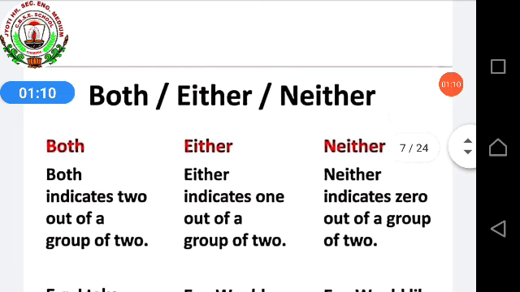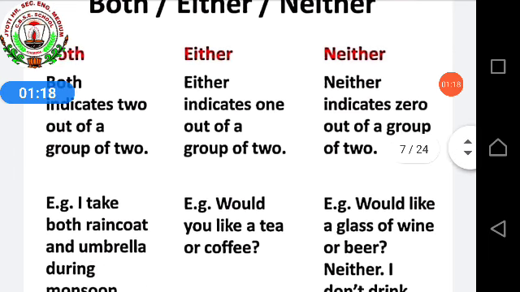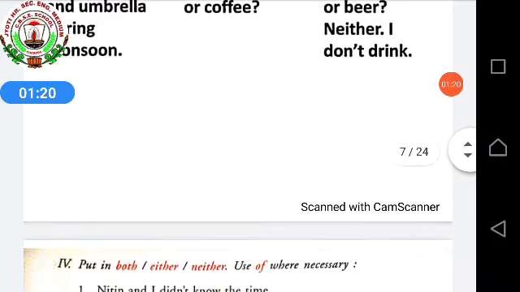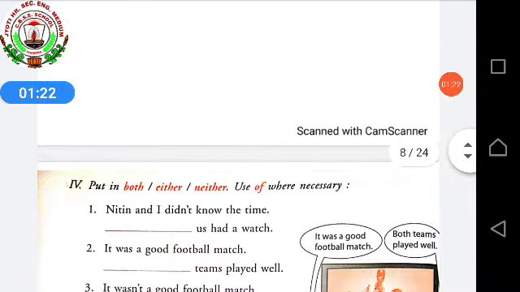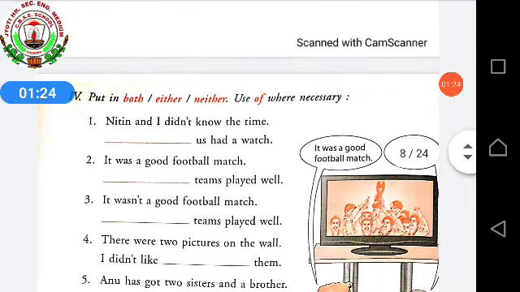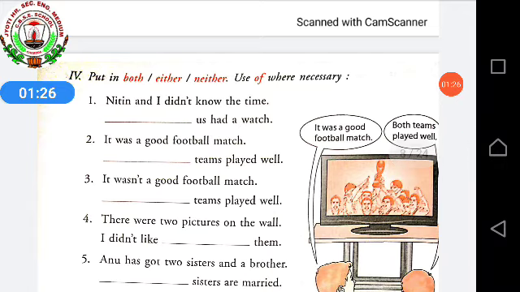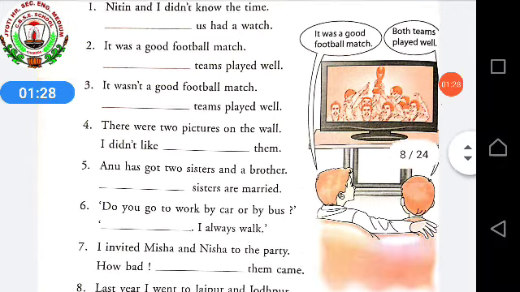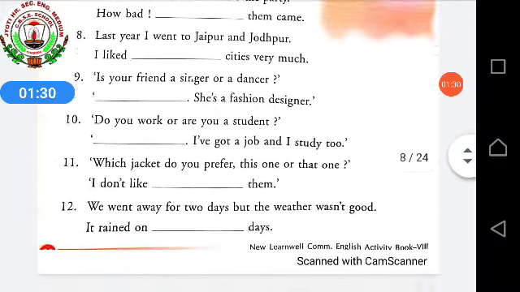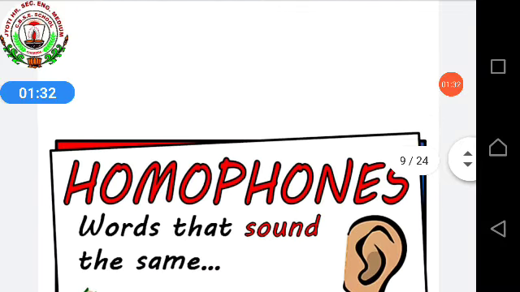Then I told you about both, either, neither. This we have done in activity sheet 1 also. Then we solved the questions by putting both, either, neither, of in the blanks.